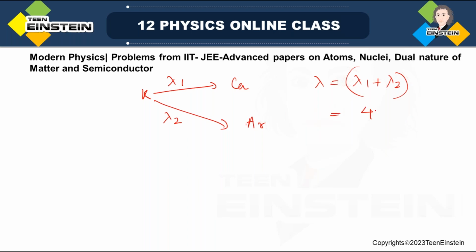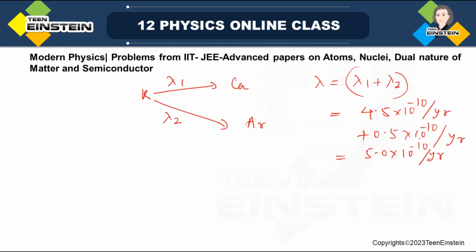So lambda 1 was 4.5 into 10 to the power minus 10 per year, and this is 0.5 into 10 to the power minus 10 per year. So this can be written as 5.0 into 10 to the power minus 10 per year.